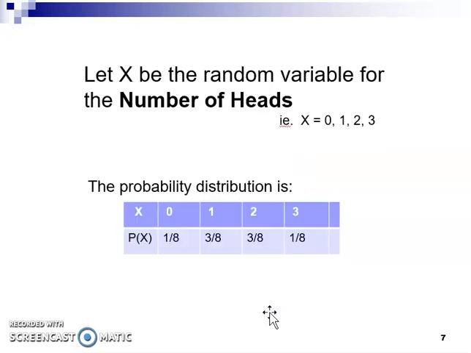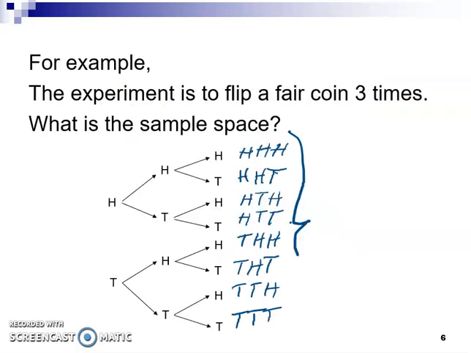Now, if I let X be the random variable for the number of heads, what that's saying is how many heads are possible in these outcomes when I flipped a coin 3 times. Well, let's go back to that.